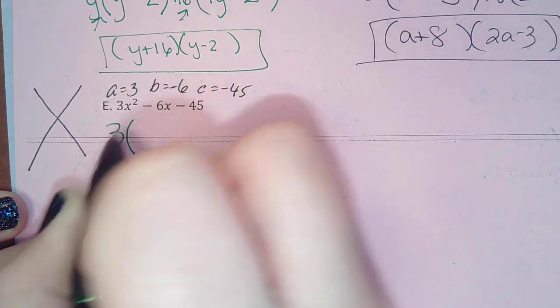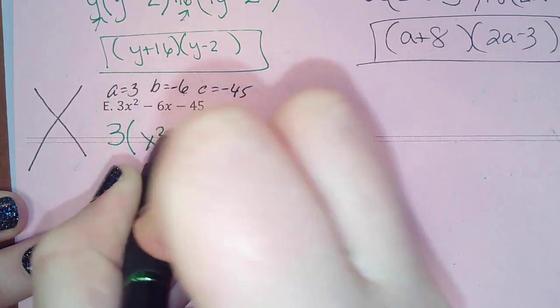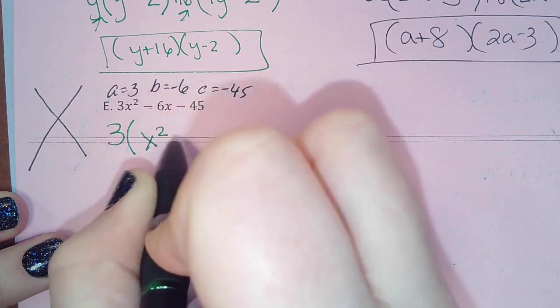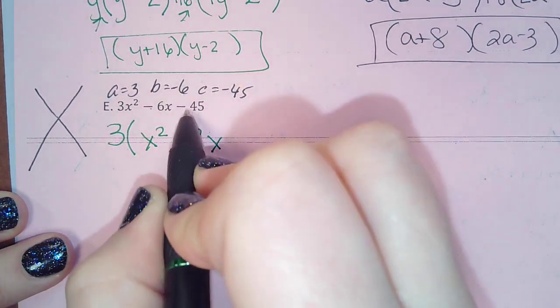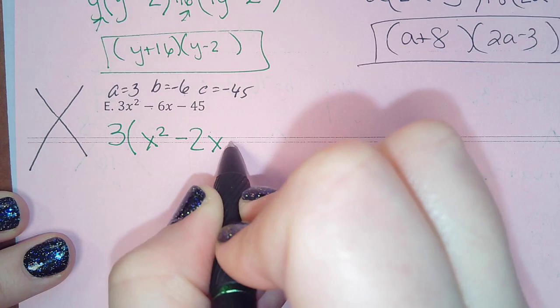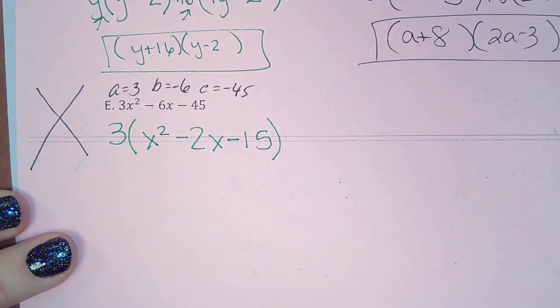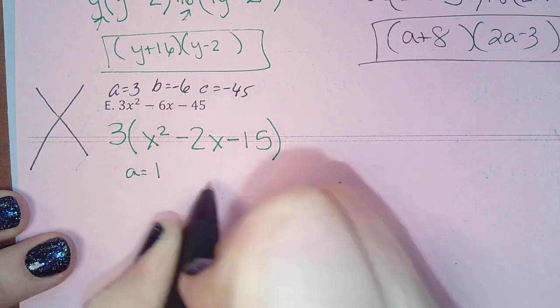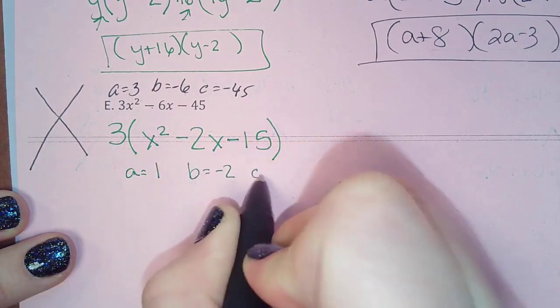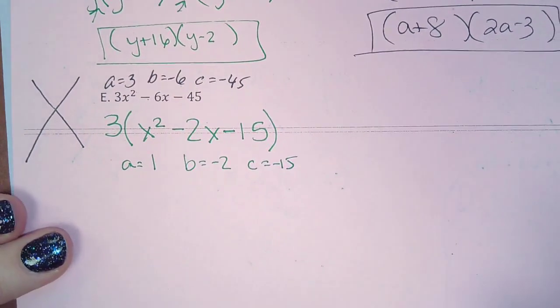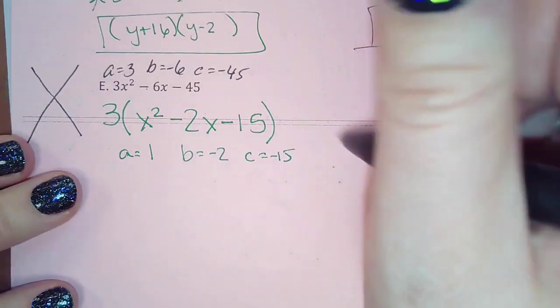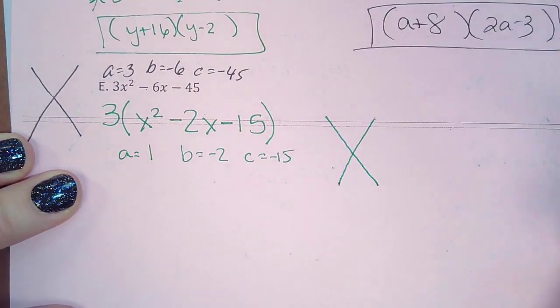So 3x squared divided by 3 is x squared. Negative 6x divided by 3 is negative 2x. And negative 45 divided by 3 is negative 15. Now my a is 1, my b is negative 2, my c is negative 15. I can use my shortcut, and I will show you that.